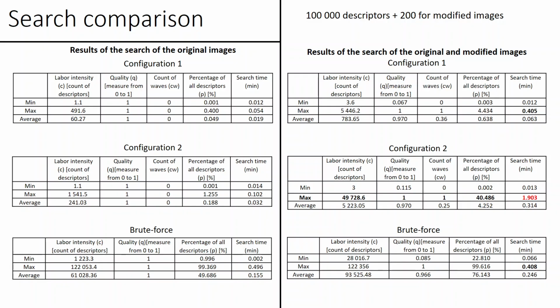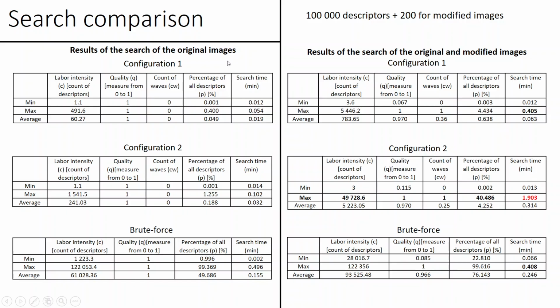The experiment was executed for searching original images on the left side and the original and modified images, by the main metrics: labor intensity, count of descriptors examined during the search, the quality measure from 0 to 1, count of waves executed during the search, percentage of all descriptors during the search, and search time.